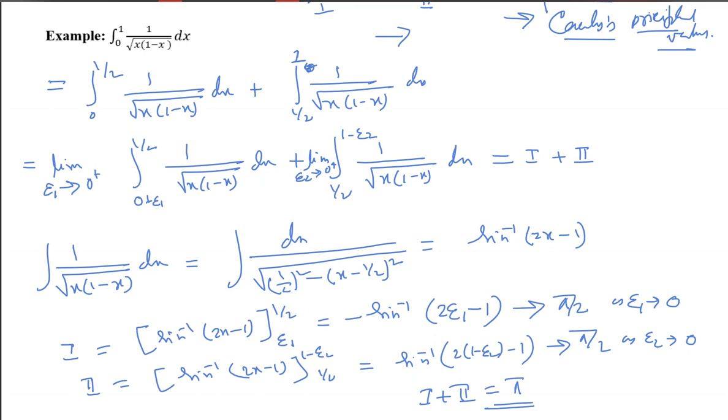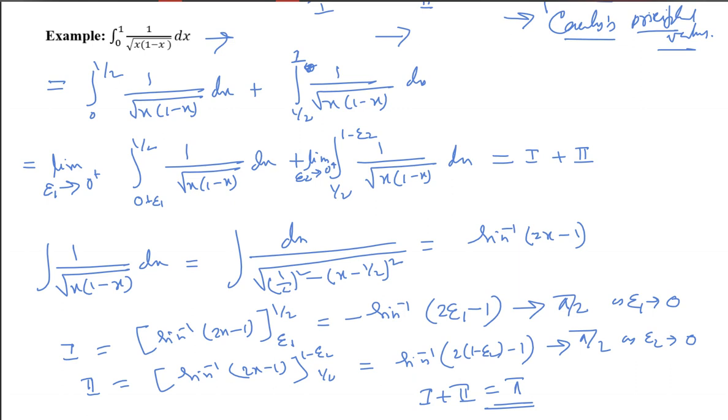Now see, one thing you must note down here. If you take epsilon 1 equal to epsilon 2, it does not hamper the result, yes or no? For this particular problem, if you choose epsilon 1 equal to epsilon 2, the result is not hampered. You can easily get the same limit. So always, if a function is convergent, if this value is converging to a finite value, then that will be the Cauchy's principal value.